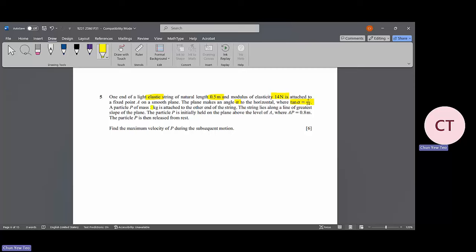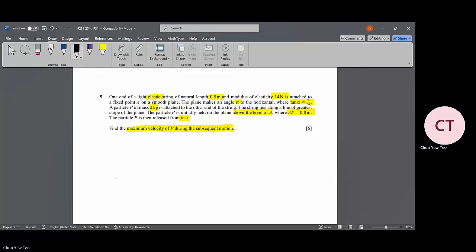A particle P of mass 2 kg is attached to the other end of the string. The string lies along the line of greatest slope of the plane. The particle P is initially held on the plane above the level of A, where AP is equal to 0.8 meter. The particle is then released from rest. Find the maximum velocity of P during the subsequent motion.